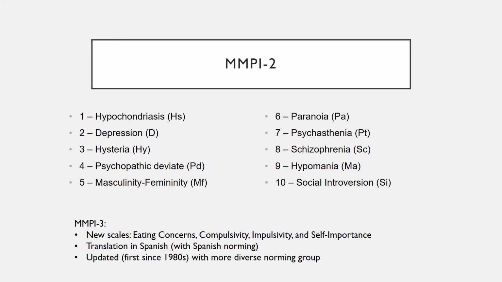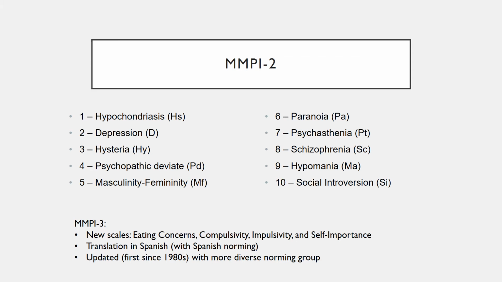These new scales expanded the clinical options. It includes things like eating disorder concerns, compulsivity, some things that connect to ADHD diagnoses like being impulsive, and a self-importance scale that might connect to some personality disorders like narcissism or borderline personality disorder.